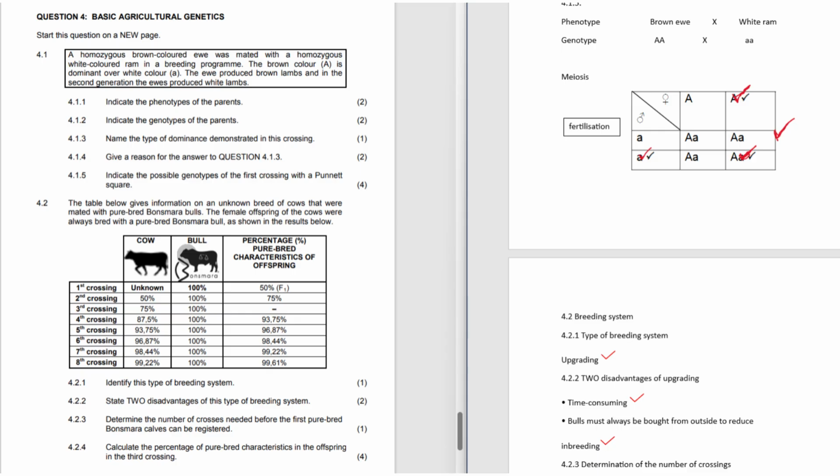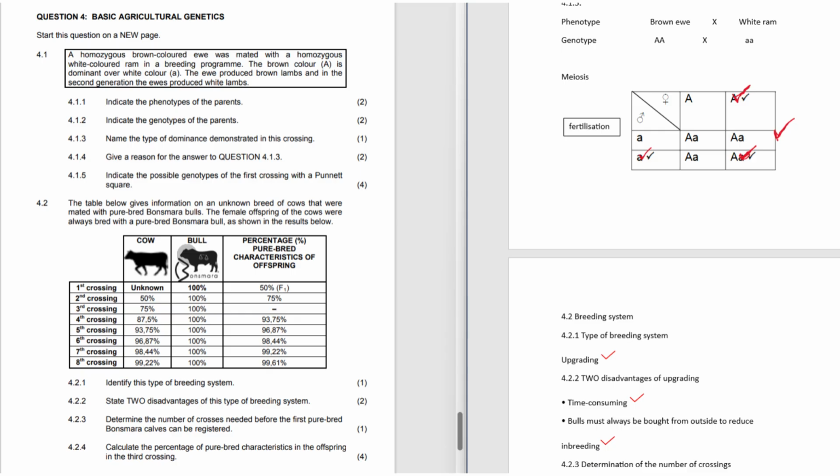The aim is to improve the herd of poor traits until good quality offspring are produced, or until we produce offspring with the desired traits.